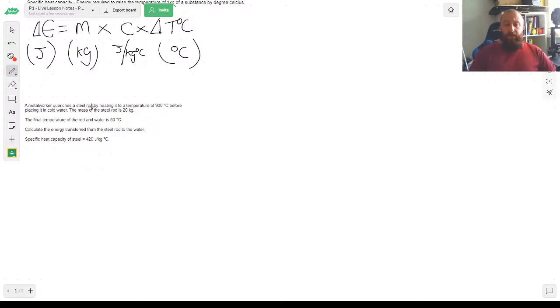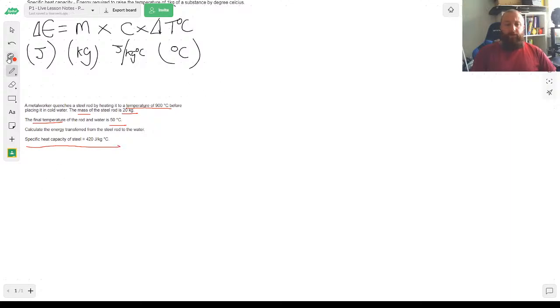A metal worker quenches a steel rod by heating it to a temperature. None of that is important in the question, so I don't need to worry about this too much. What is important is I've got my temperature of 900 degrees Celsius before placing it in water. The mass, I need to know that. The final temperature of 50 degrees Celsius, because remember I need to know this temperature change, and the specific heat capacity.